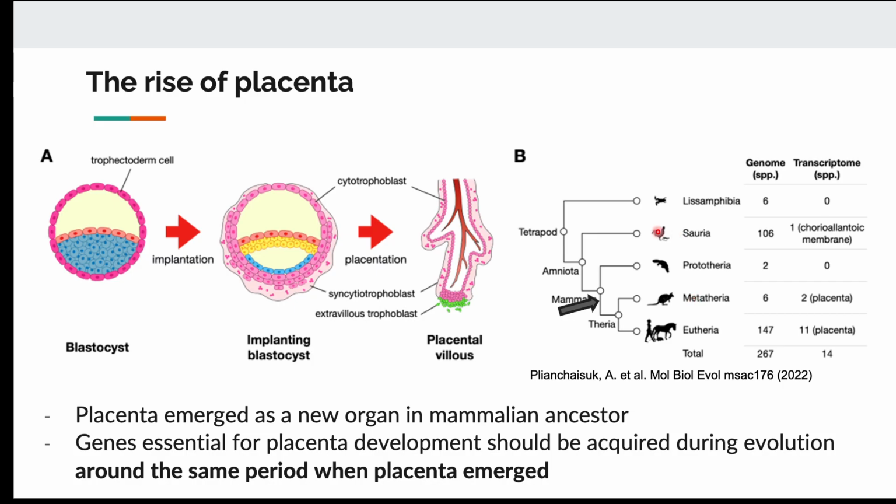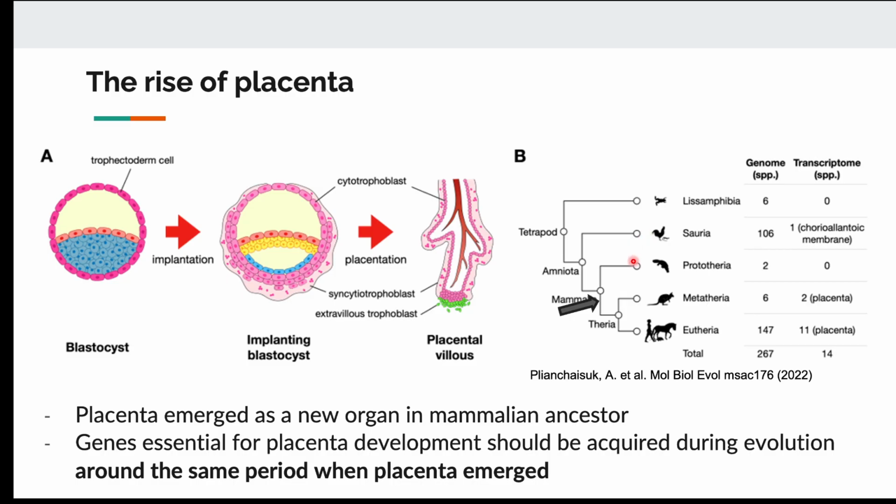These don't have a placenta, but in mammals, we have this kind of organ. So the student wants to know which genes contribute to the development of a new organ, right? Because this is not a subtle new gene, a new molecular function. It leads to an entirely new way of reproduction with new organs.